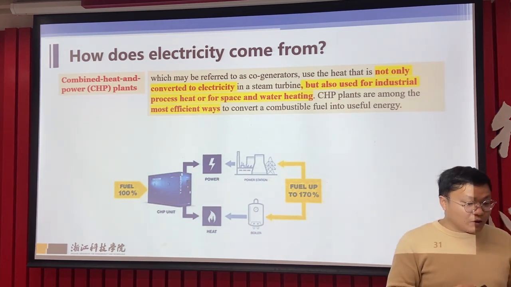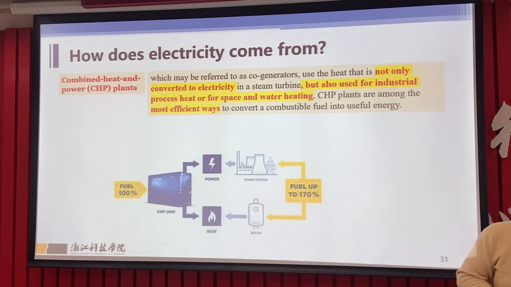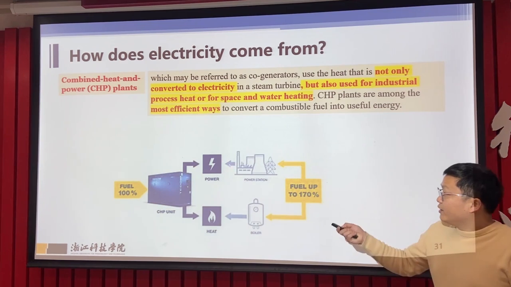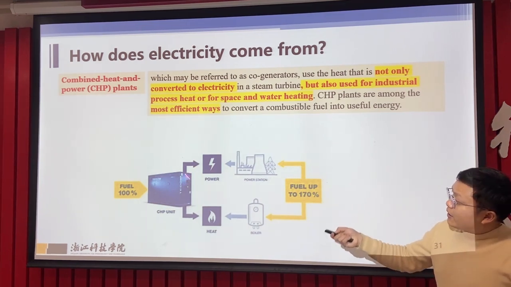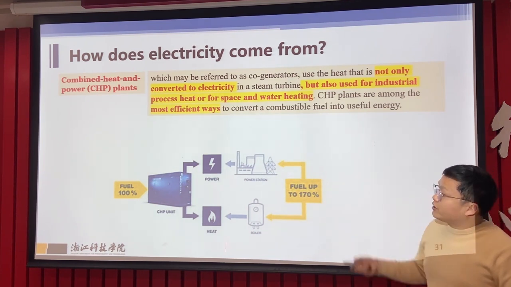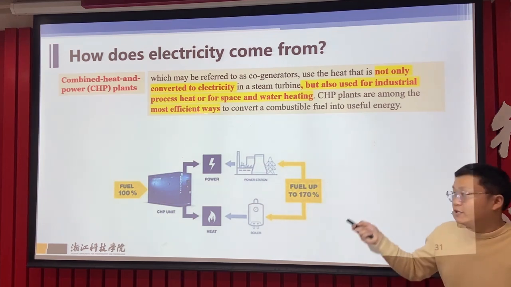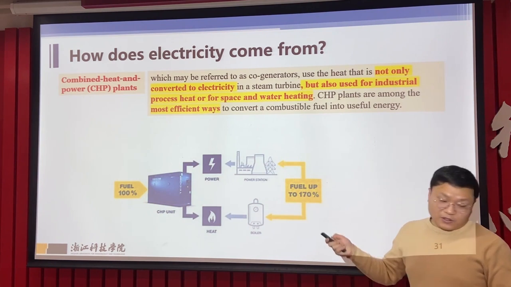CHP plants are among the most efficient ways to convert a combustible fuel into useful energy, because of the electricity and heat co-generation, so we can improve the energy conversion efficiency of the plant here.